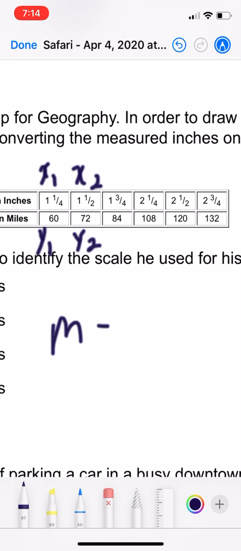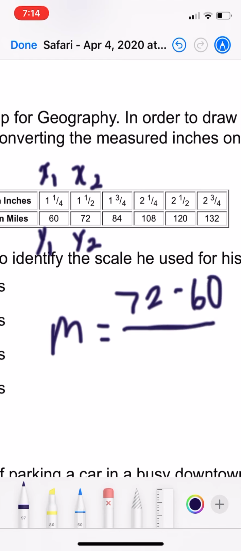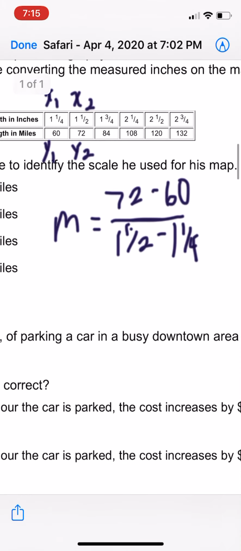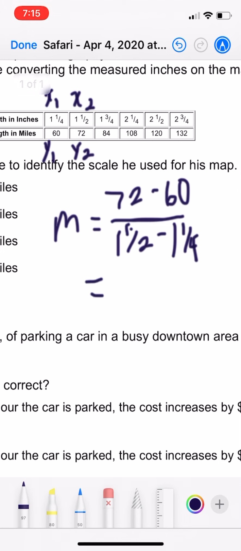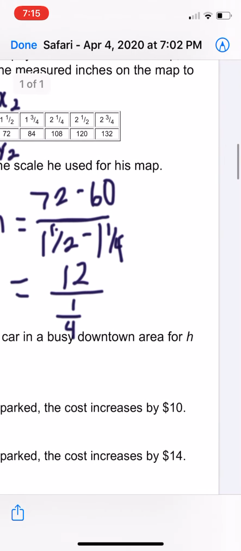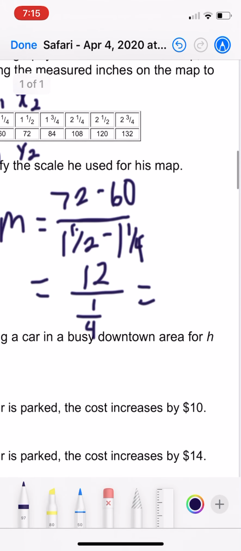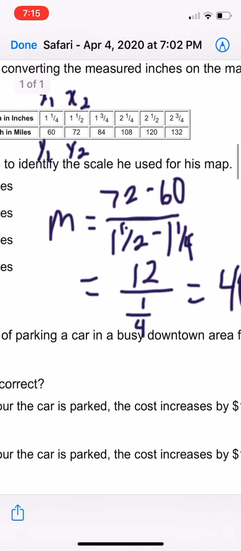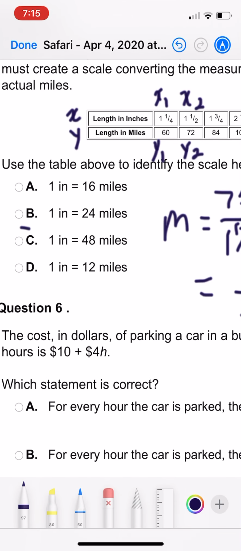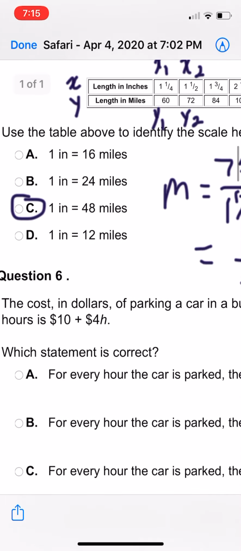So we have 72 minus 60 over 1.5 minus 1 1/4, which gives us 12 over 1/4. When you divide those two, you get 48. So 1 inch is 48 miles.